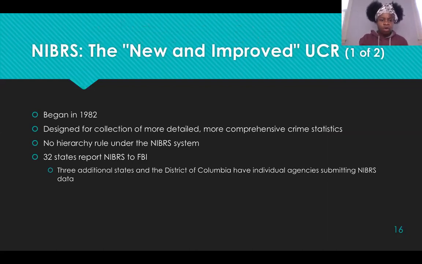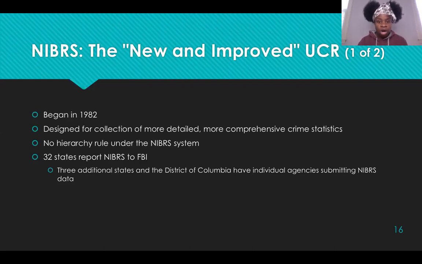So let's move on to NIBRS, which is the National Incident-Based Reporting System, okay? NIBRS, the new and improved Uniform Crime Reporting System. This began in 1982. There are still efforts to improve the reliability and the validity of official statistics, which are always occurring, okay?